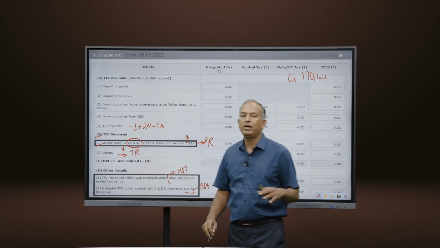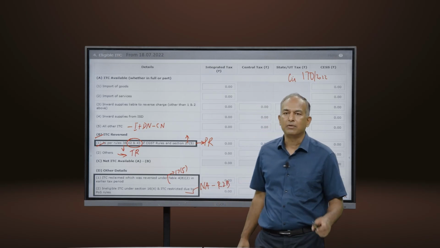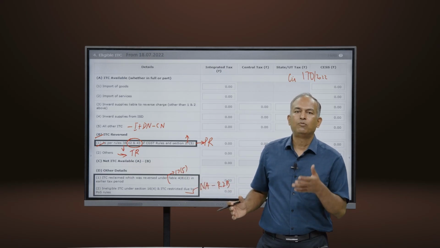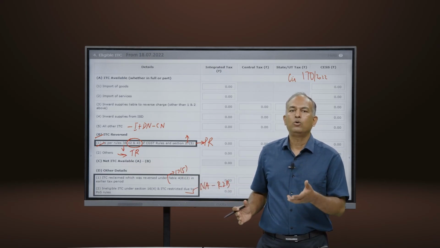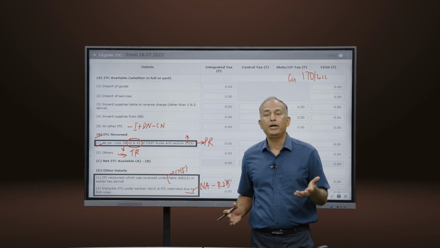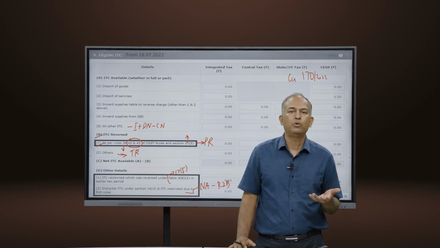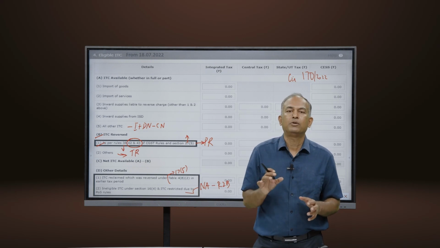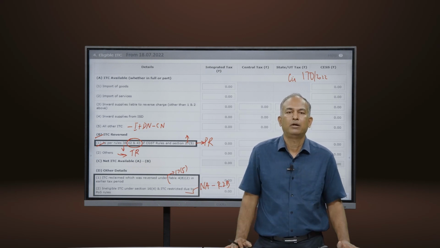What do you mean by a permanent reversal and another reversal? Now, what are the provisions covered under 4B1? Rule 38, 42, 43, and section 17/5. What is 38? In respect of banking and financial institutions, there is an option for the banking or the financial institution just to take 50% of the eligible credit during that particular tax period.